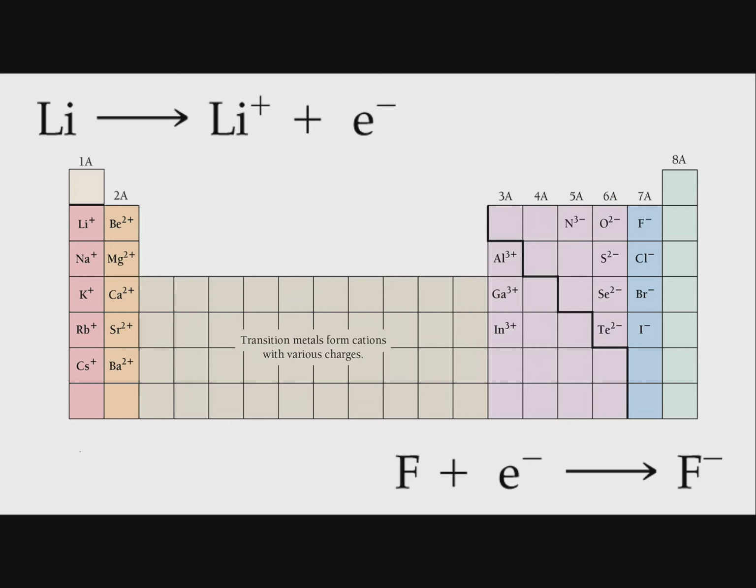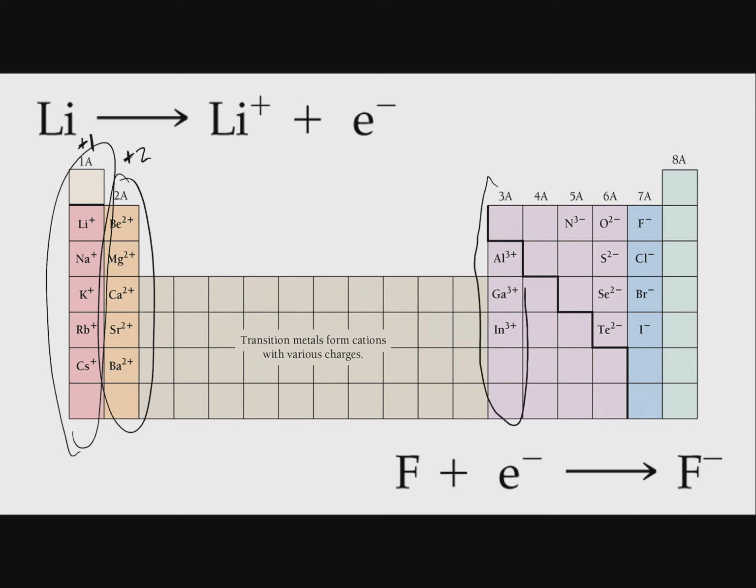So you can go ahead and memorize these, or you can refer to these tables often, but notice that the group 1 ions are all +1 ions, and that the group 2 ions are all +2 ions, and that group 3 in our main group, because this was a transition, are all 3 plus.